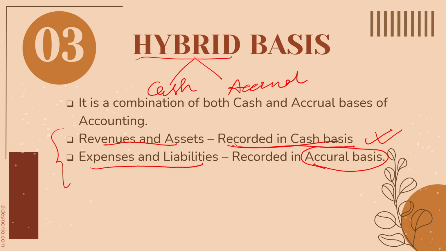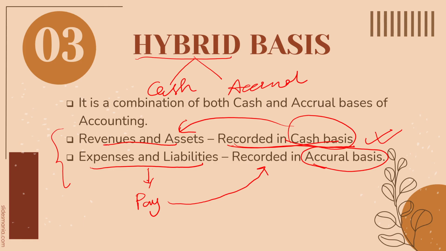Why so? Can anybody guess why it is like this? Cash basis is given for revenue and assets because it's your income. But expenses and liabilities are something which you need to pay. In order to be cautious about it, they are recorded on the accrual basis, because this gives a much more decent way of presenting your financials.